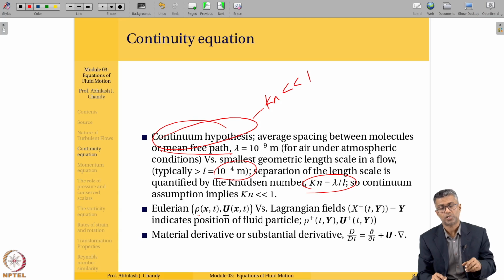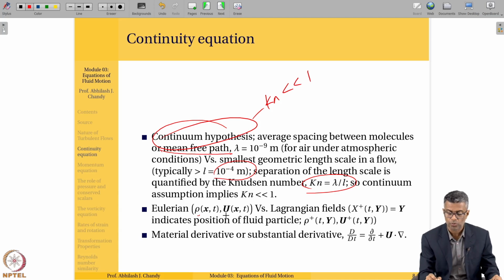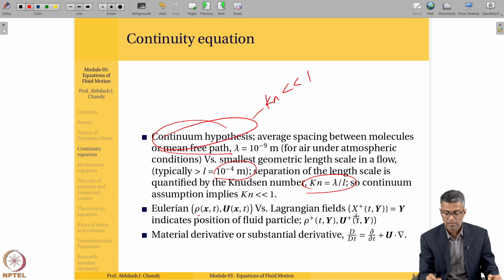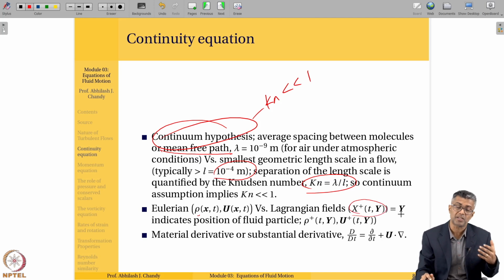A Lagrangian representation, what we would do is use the superscript plus to indicate that it's a Lagrangian description. So the Lagrangian fields: x plus, which is a function of t comma y, represents the position of the fluid particle. If x plus represents the position of the fluid particle, and we are calling that y, and again it will be in bold because it is a vector, it has 3 components.